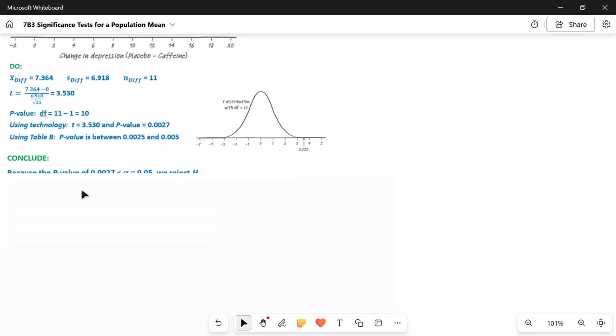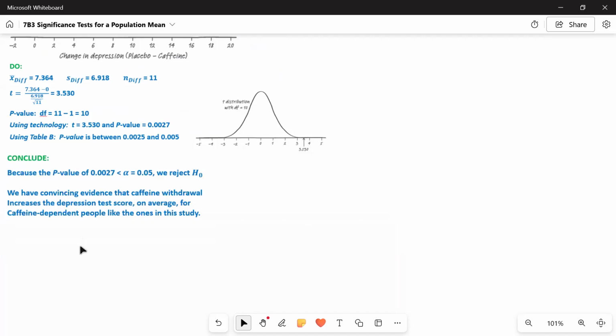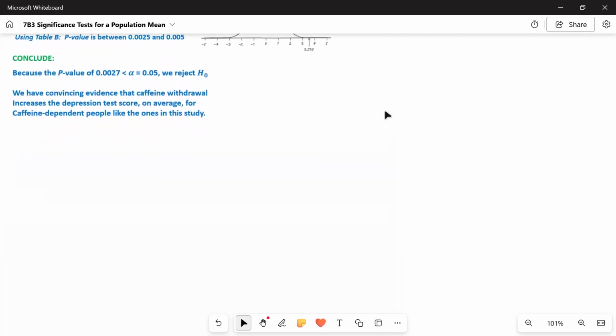Alrighty, so we can give our conclusion at this point. Because the p-value of 0.0027 is less than our significance level, we reject the null. We have convincing evidence that caffeine withdrawal increases the depression score on average for caffeine-dependent people like the ones in this study.